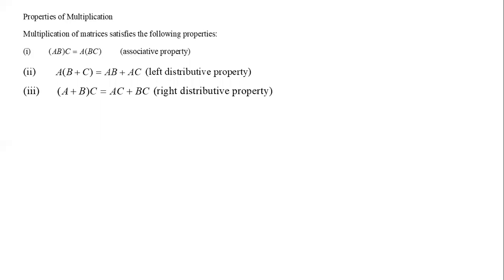Now, it's also right distributive. If I'm starting from the right, A plus B multiplied by C will give us AC plus BC. That is what is called the right distributive property of matrix multiplication.